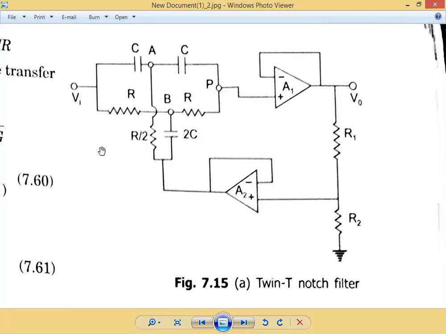and then similarly at node B also we are going to write the KCL, and at node P also we are going to write the KCL.